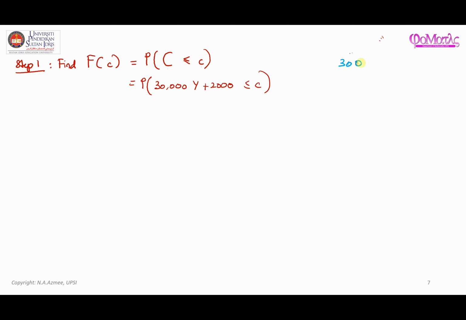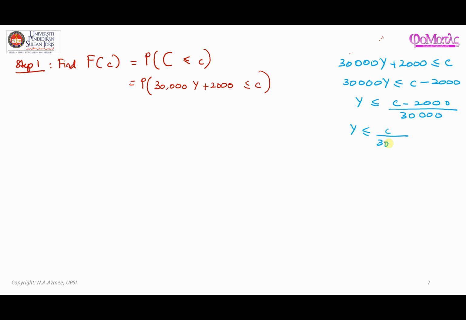We know that 30,000Y plus 2,000 is less than or equal to c. Therefore, 30,000Y is less than or equal to c minus 2,000. And so Y is less than or equal to this over 30,000, which is Y less than or equal to c over 30,000 minus 2 over 30. So that is our Y.